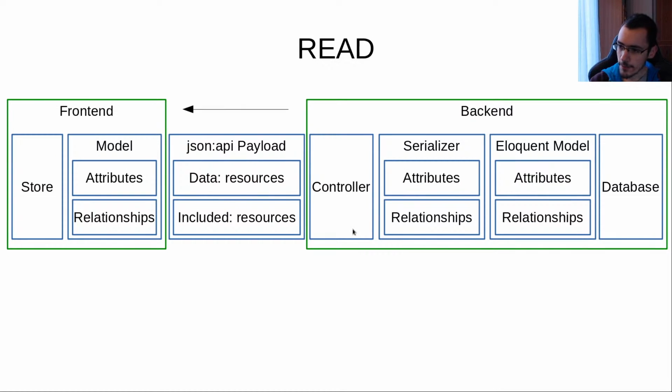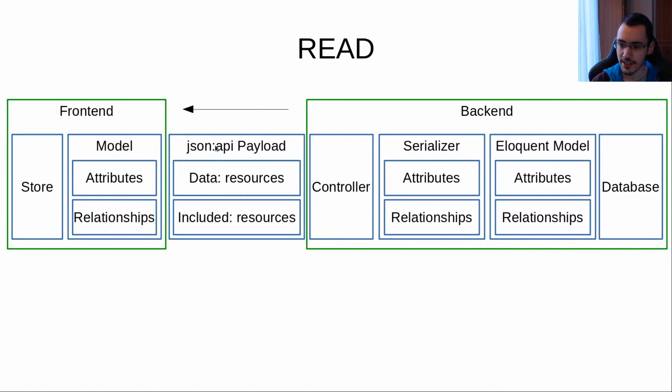So a bit of theory. When we want to send the data from the backend to the frontend, there's a lot of stuff we need to configure in Flarum. A lot of this is because Flarum is using the JSON API syntax.